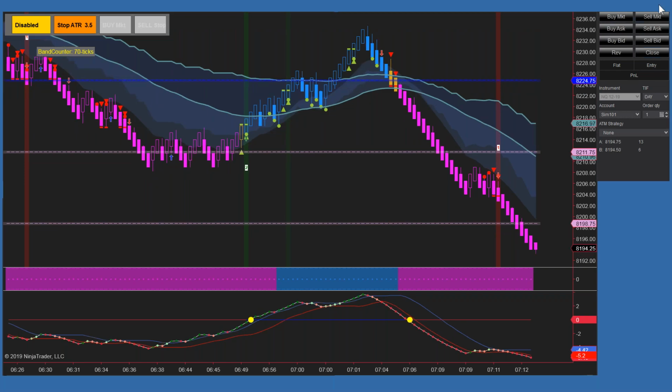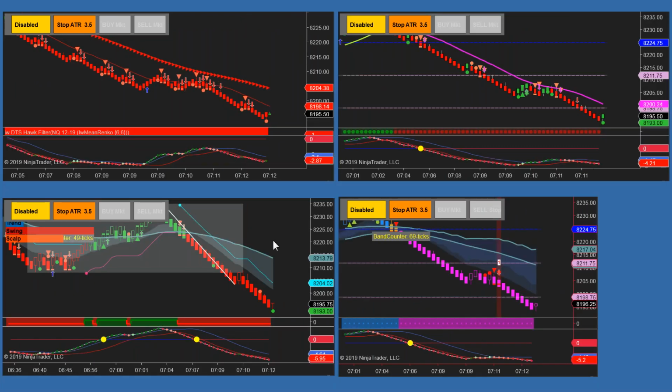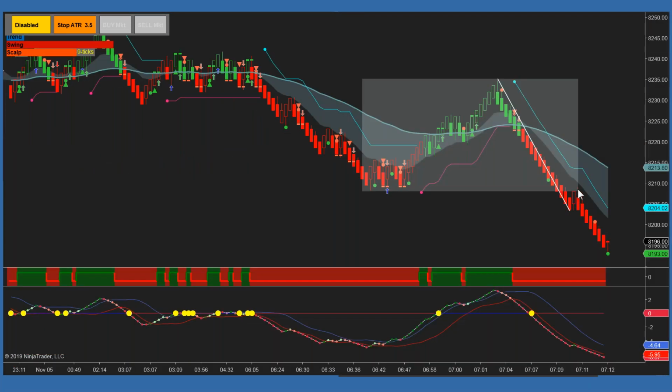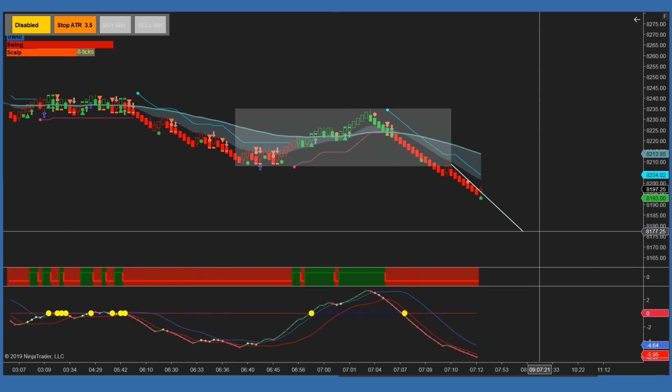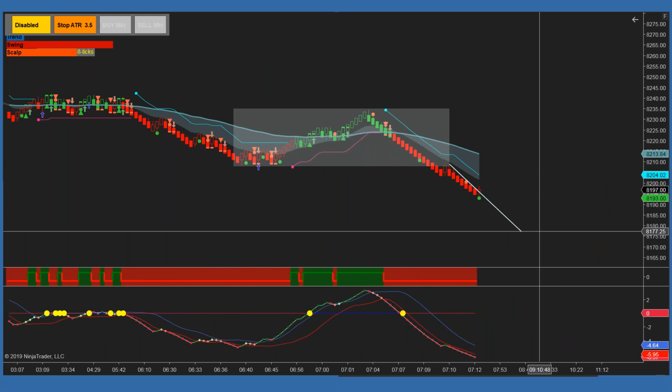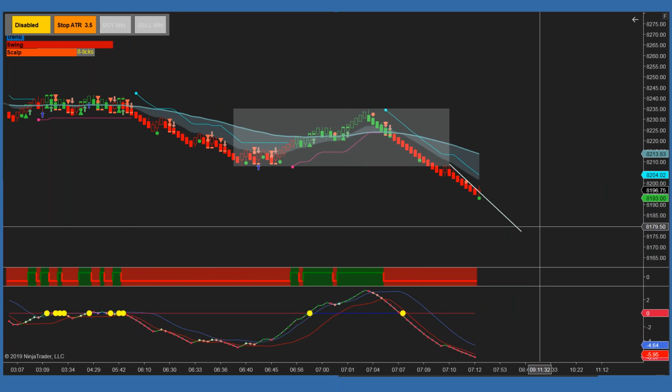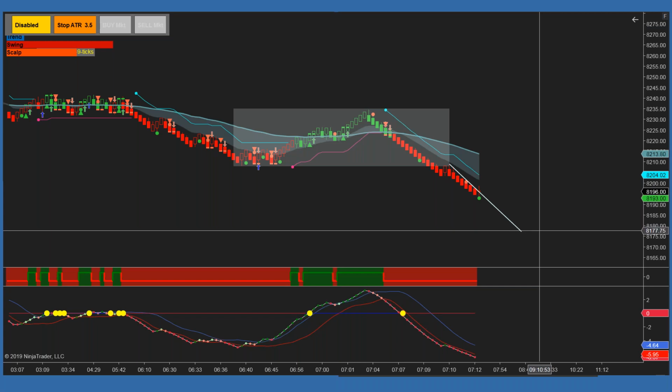Well, the market does seem to be in a bit of a trending mood. If this was the retest and we do the measured move at this point, well, let's call it 81.79. That would be the target.